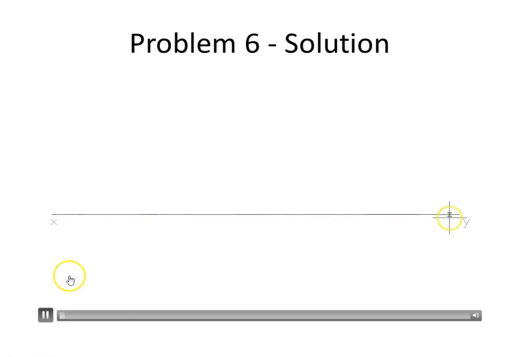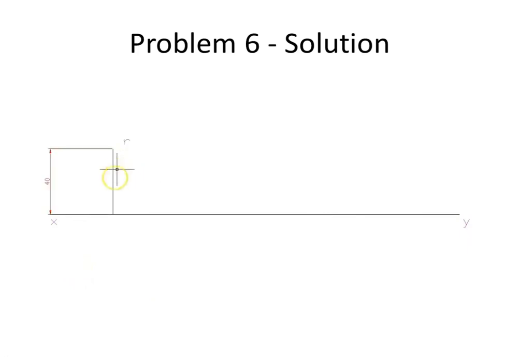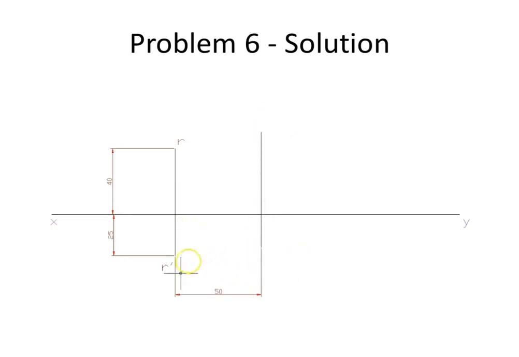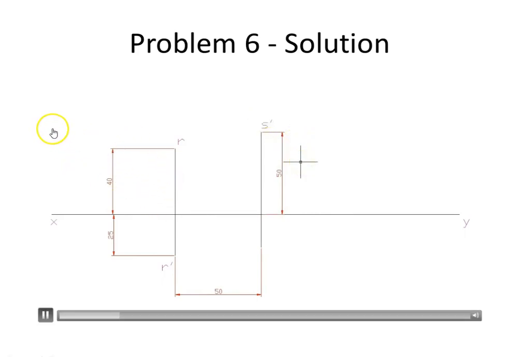Initially you mark the positions of endpoints R and S. You could see that the top view of R is above XY and its front view is below XY, since R is in the third quadrant. So the distance between projectors is drawn here, and you can see that S dash, the front view, is above XY since it is in the first quadrant, and S is below XY, again in the first quadrant.